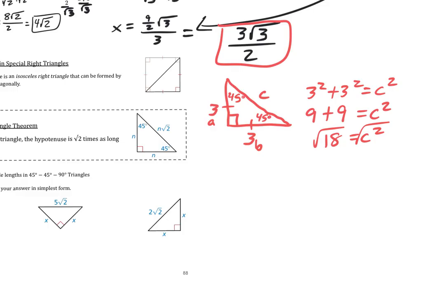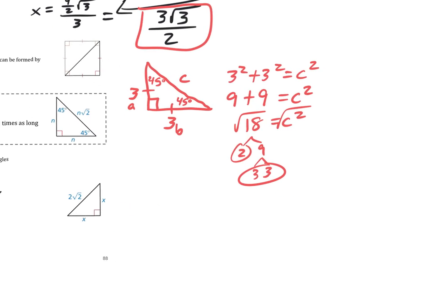Okay, so we're going to break this down. Okay? 18, what is something that goes into 18? Anything. Okay, 2 goes in there. So we're going to go 2 times 9. We're going to break down 18. 9 breaks up into 3 and 3. And what we notice here is we have a pair, right?